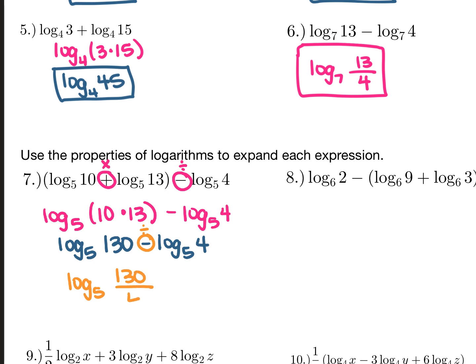You could simplify the 130 over 4, since they're both divisible by 2. So that's going to give you log 5 of 65 over 2.